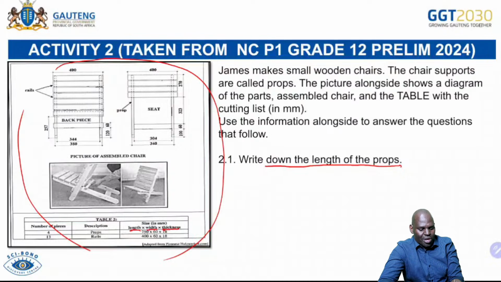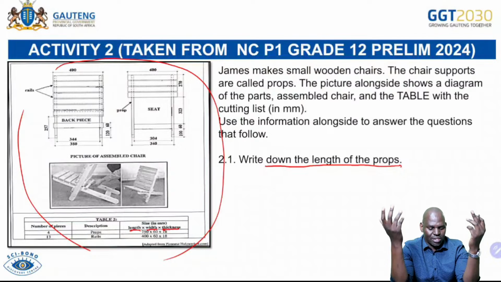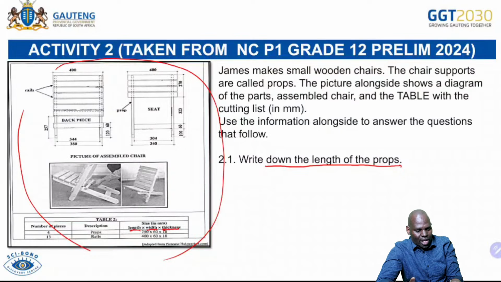So 750 is the length, 60 is the width, and 18 is the thickness. The length is 750 millimeters, the width is 60 millimeters, and the thickness of the prop is 18 millimeters.